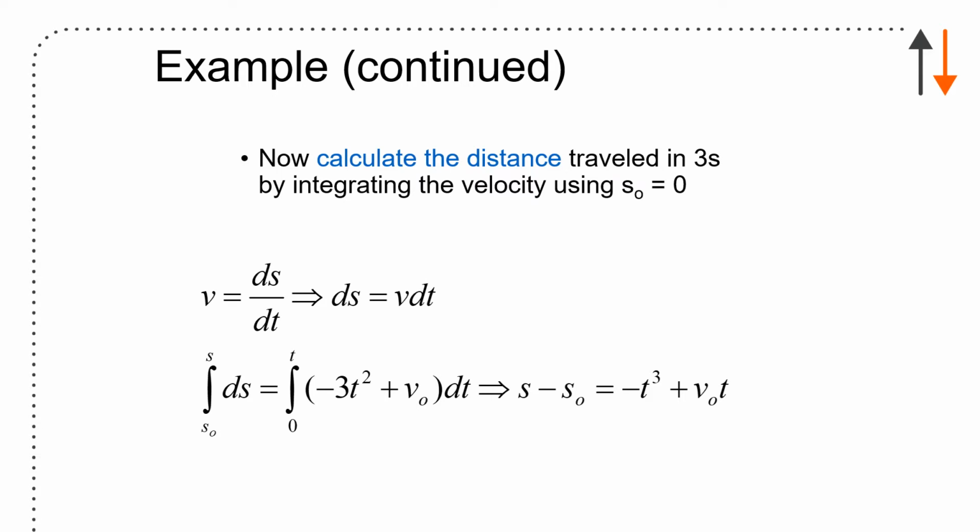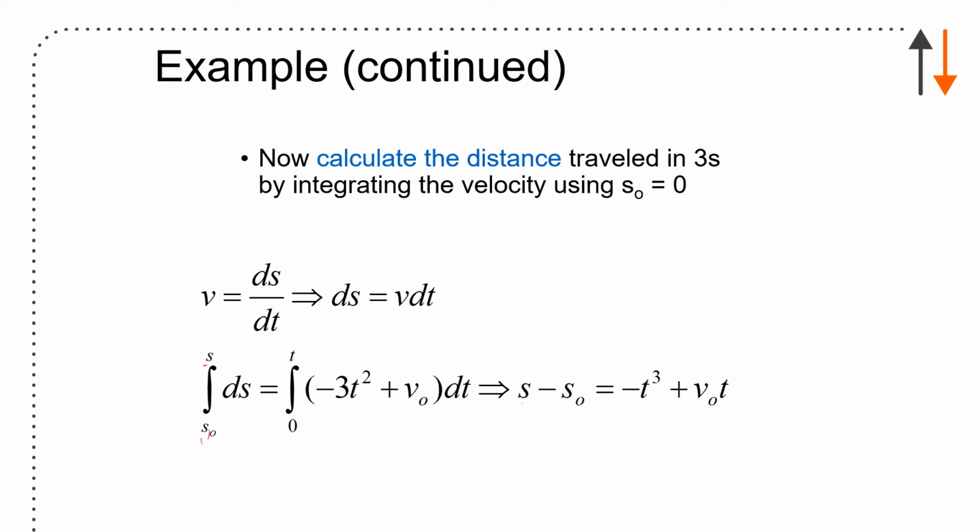I calculate the distance traveled by going back to my fundamental definition, v equals ds/dt, ds equals v dt. And remember, I probably should have mentioned at the beginning, this is one-dimensional motion. It's moving left to right, so I don't have to worry about the vector terms so much. Integrating again, from initial position, which could be 0, to final position, 0 to t.